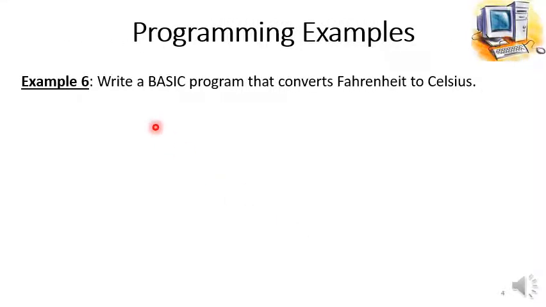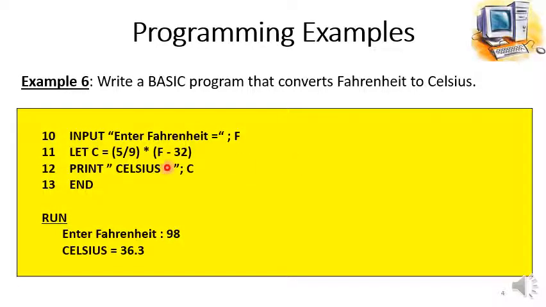Now in example number 6, it says to write a basic program that converts temperature given in Fahrenheit to the temperature in Celsius. Input: enter Fahrenheit. Temperature is given in Fahrenheit.